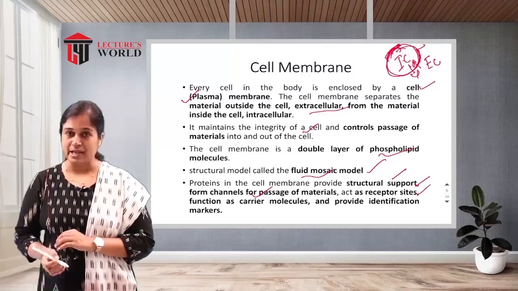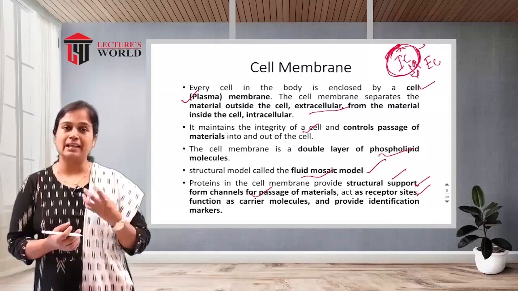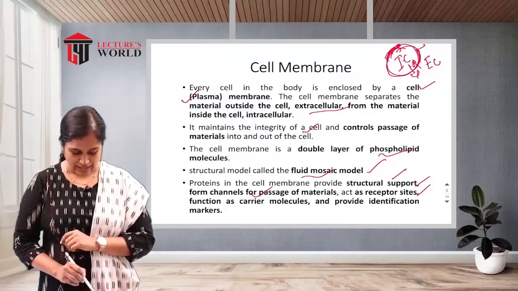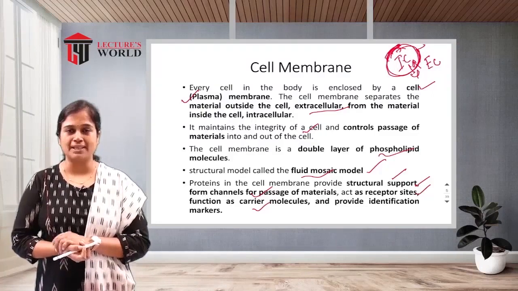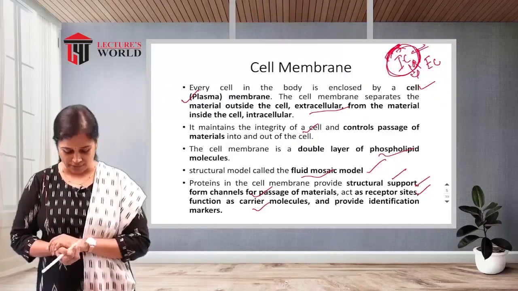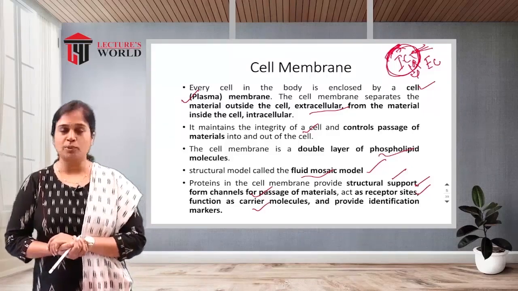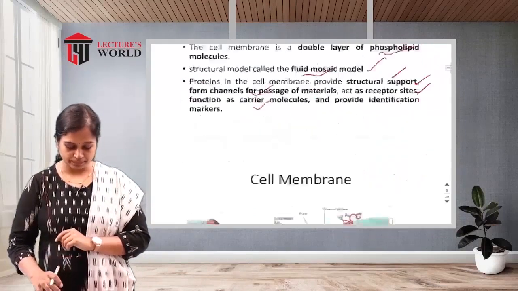They act as receptor sites, so certain chemical reactions take place at these sites. They also function as carrier molecules, carrying molecules from the inside of the cell to the outside, or from the outside to the inside, and also provide identification markers.